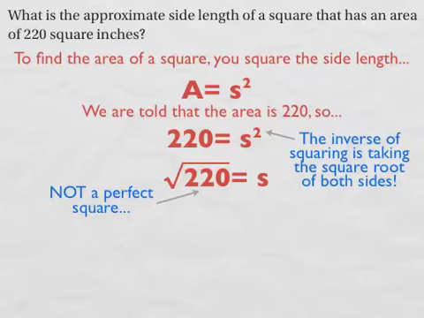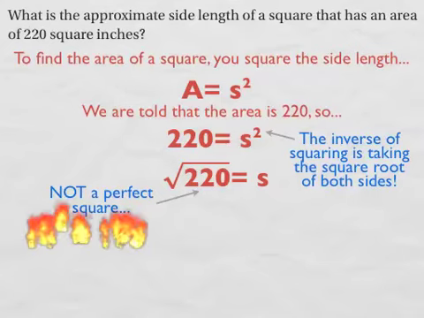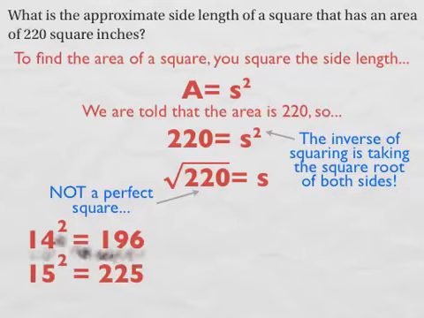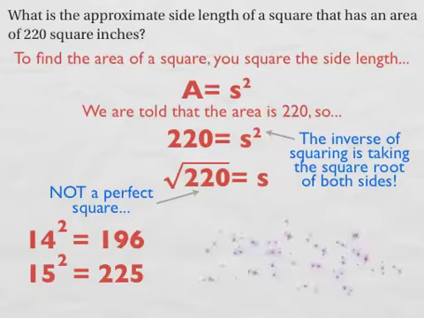You can see that 14 squared is 196, so we're getting really close to 220. Then check 15 squared also. 15 squared is 225. So the closest, or the best approximate side length, would be 15 inches.